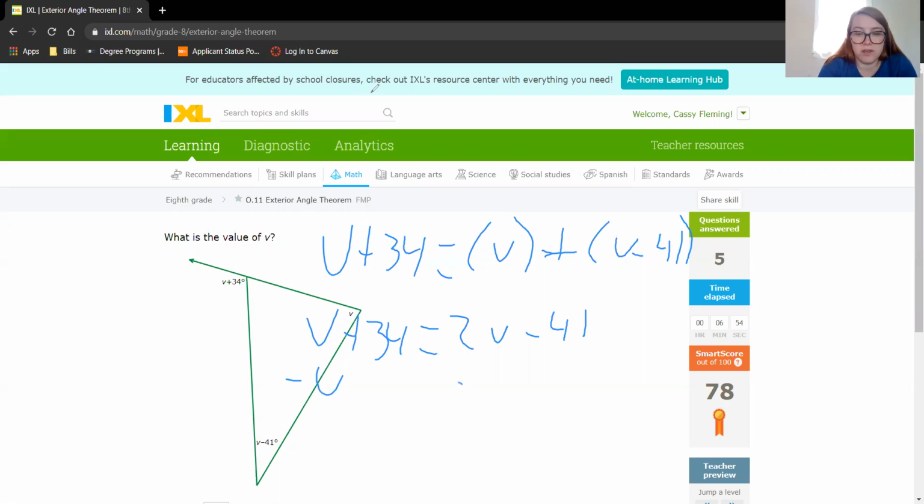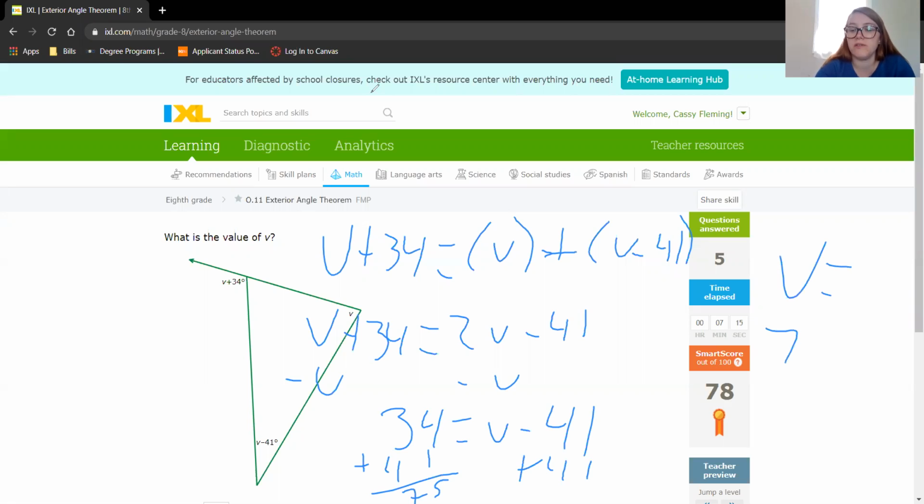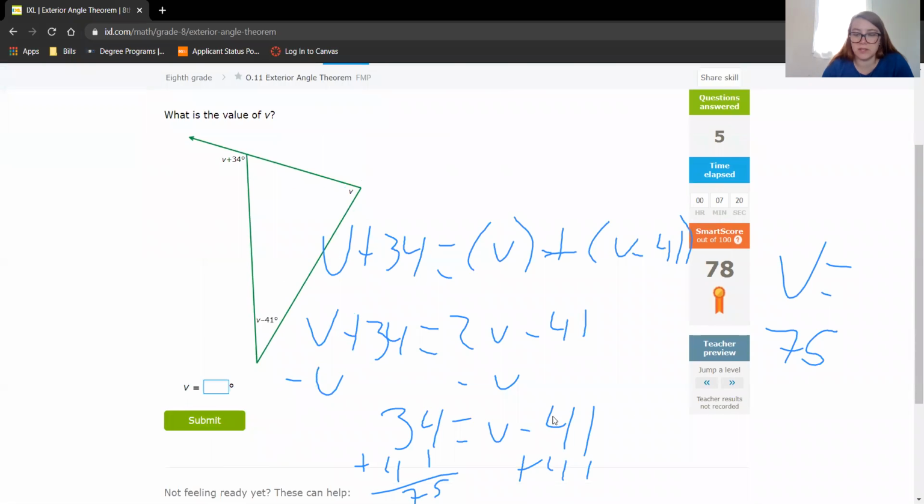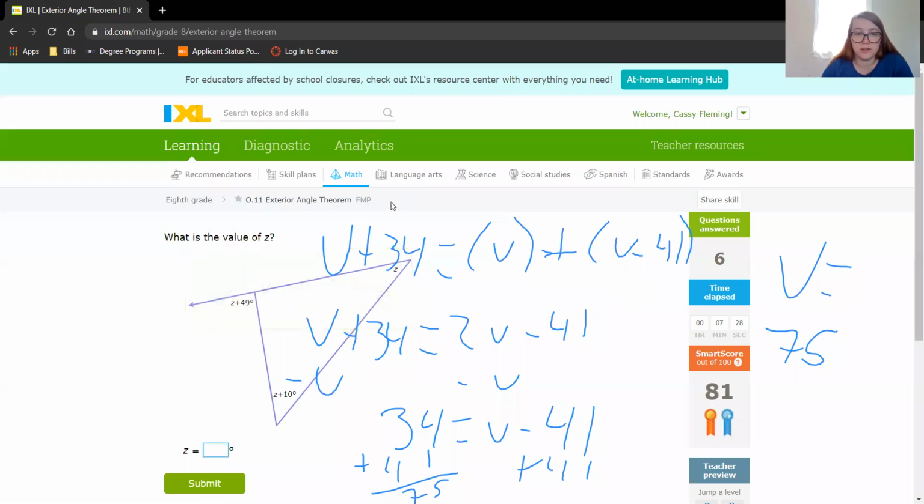We can subtract a V. That would turn it into 34 is equal to V minus 41. Now we want to get that V by itself, so we'll add 41 to both sides. 4 plus 1 is 5, 3 plus 4 is 7, so V is equal to 75. Let's fill in that little box down here. We said it was 75. And that's correct.